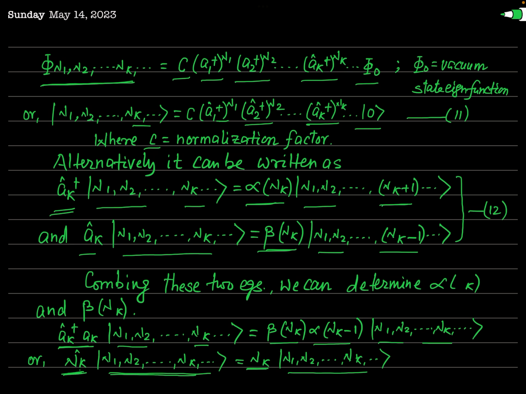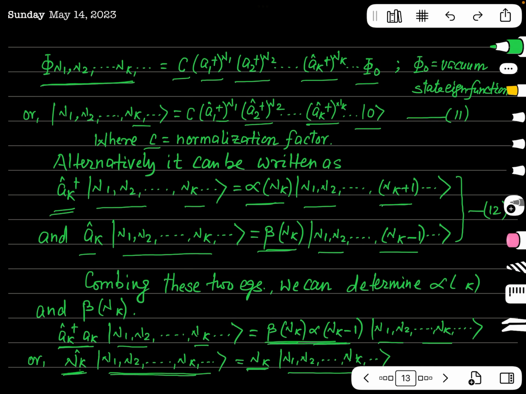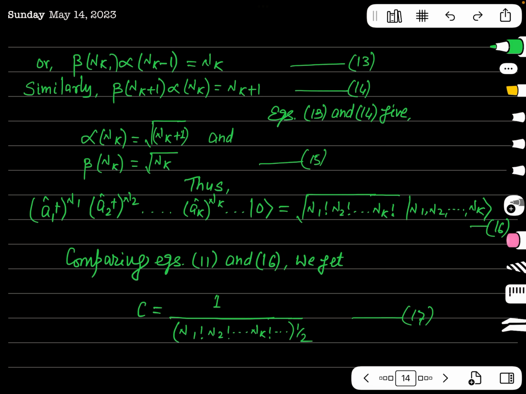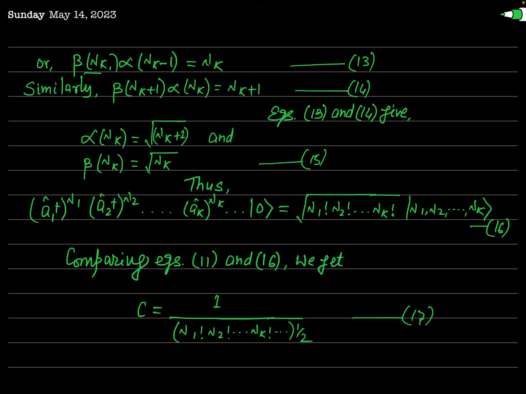But you can see that here this nk has been written in place of beta of nk times alpha of nk minus 1. So you can equate this nk with the product of beta and alpha: beta nk times alpha nk minus 1 is equal to nk.